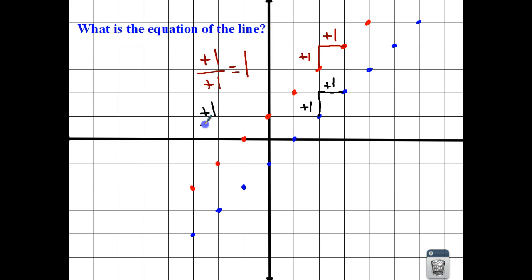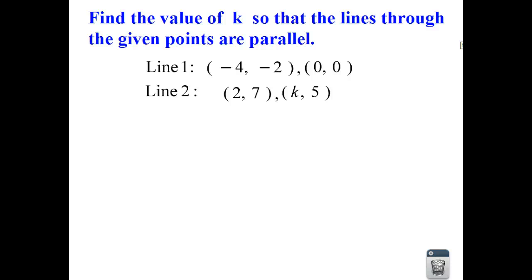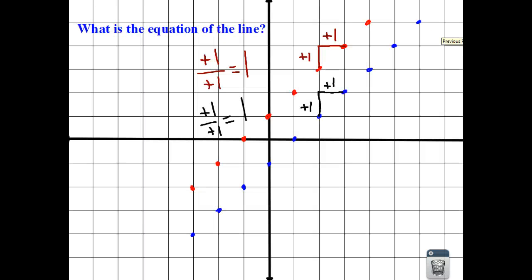And that means that is also a positive 1 slope. So the specific rule is that if lines are parallel, they have the exact same slope. Not necessarily the same y-intercept, right? Because this y-intercept is 1, and this intercept happens to be something else, and that's okay.